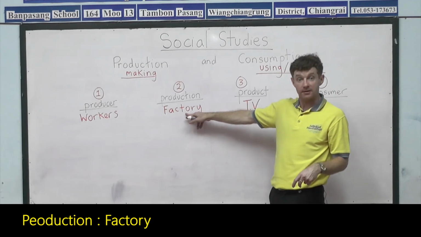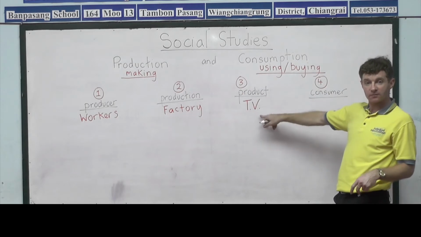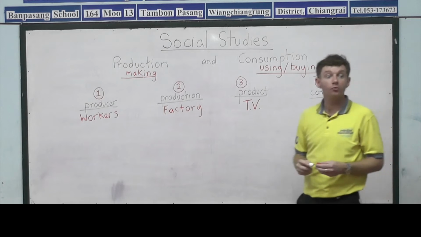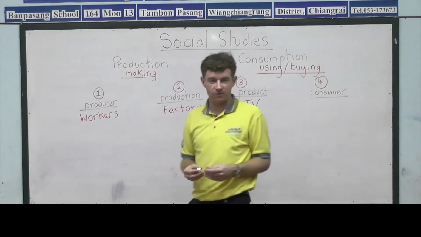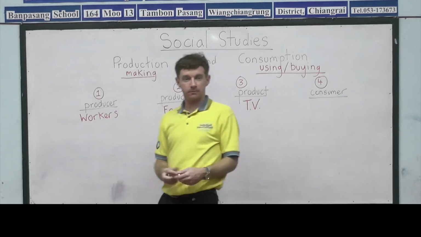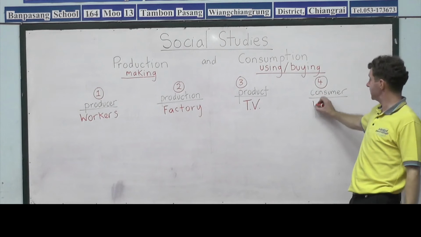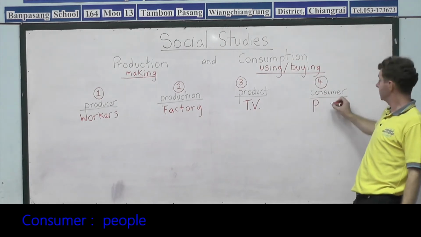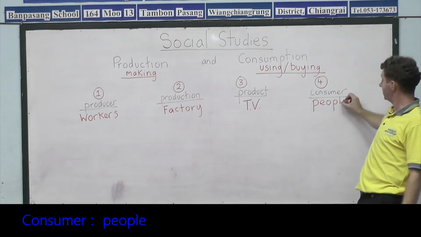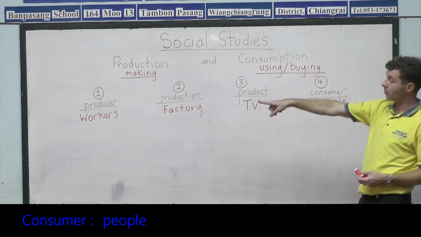Production, where is it made? Factory. And the product we're talking about, TV. So, number 4, consumers. Who buys the TV? Excellent. People. Everybody. The consumers are people. P-E-O-P-L-E. So here, stage 1, workers.